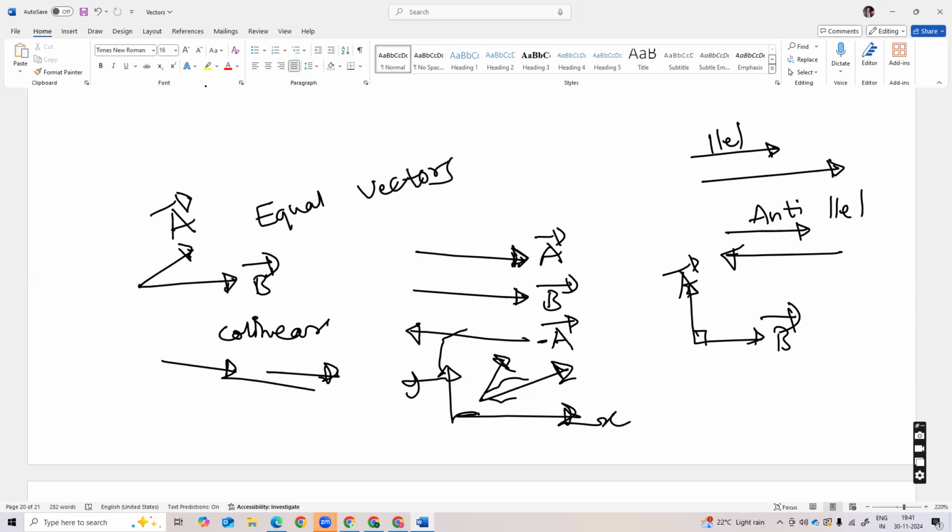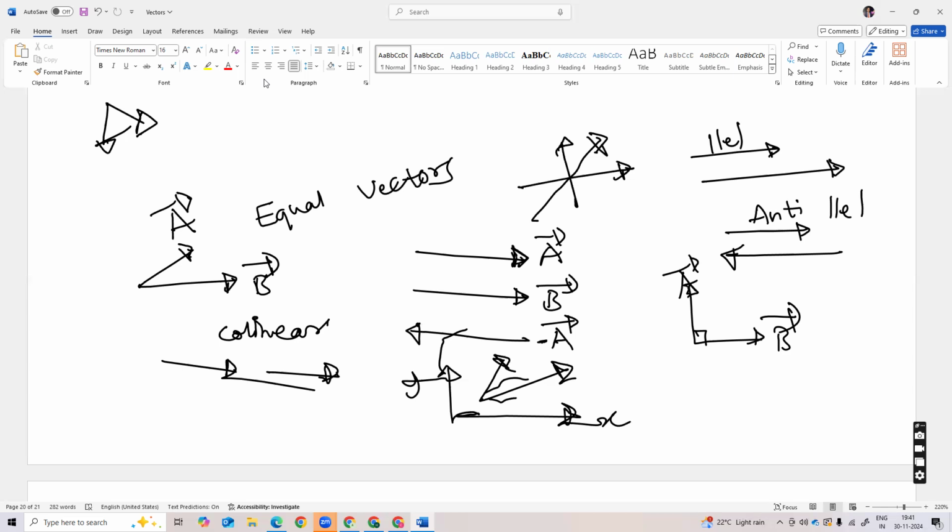So if there are only two vectors, then they are always coplanar, meaning there is at least one plane where both vectors are present. If vectors are passing through the same point, like multiple vectors passing through the same point, they are called concurrent vectors.